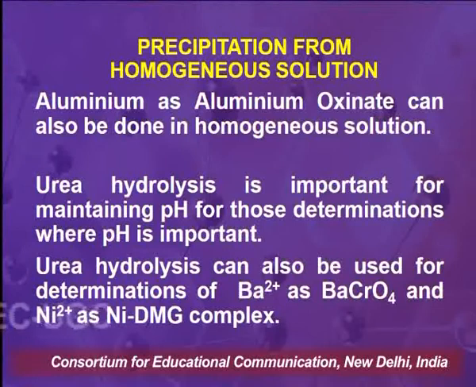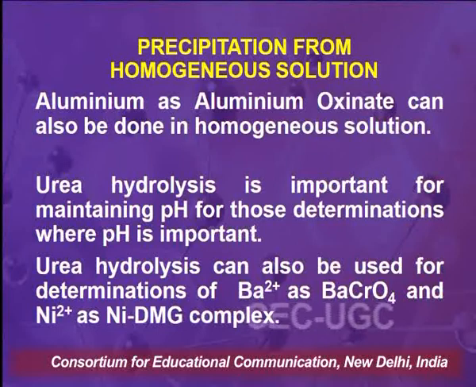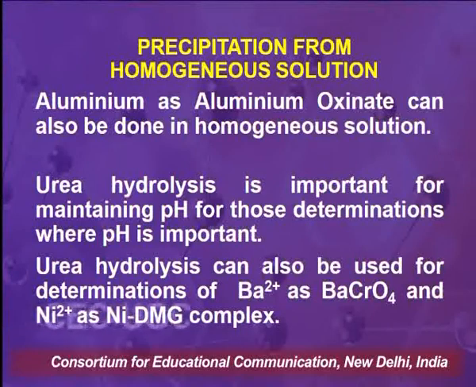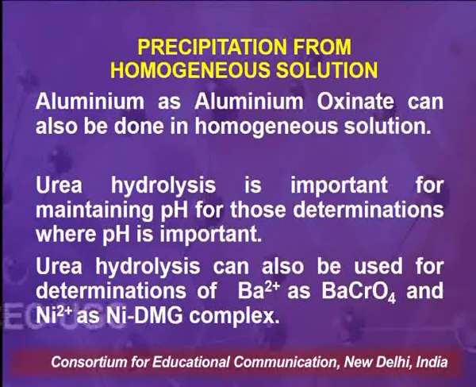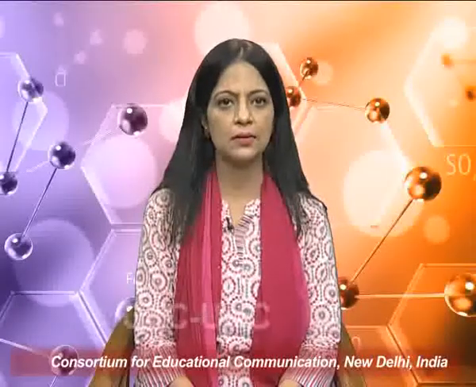Urea hydrolysis is important for maintaining pH for those determinations where pH is important. That is, in cases where an alkaline medium is needed or pH needs to be on the basic side, urea hydrolysis is very important, as in the homogeneous solution precipitation method.